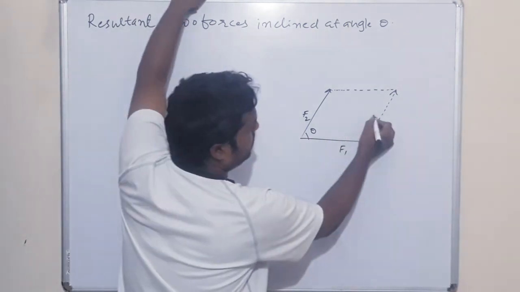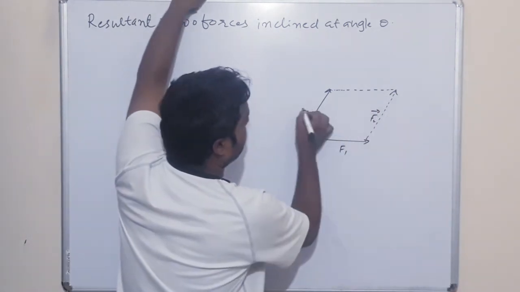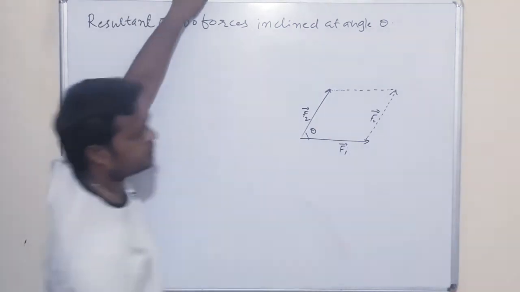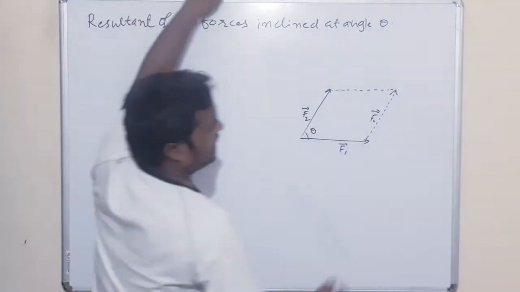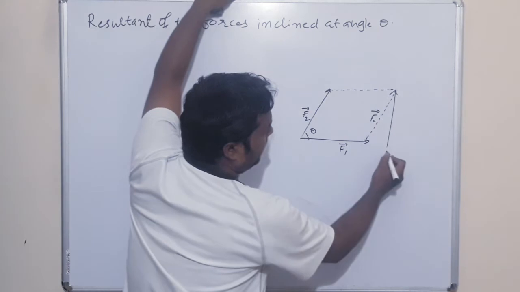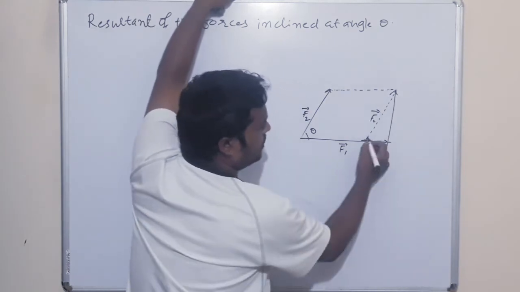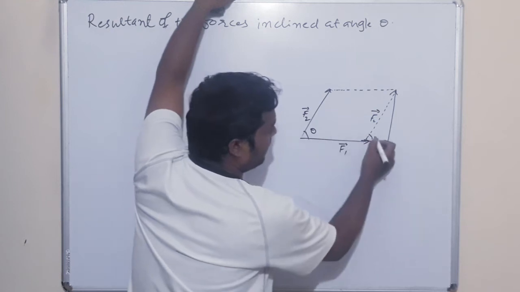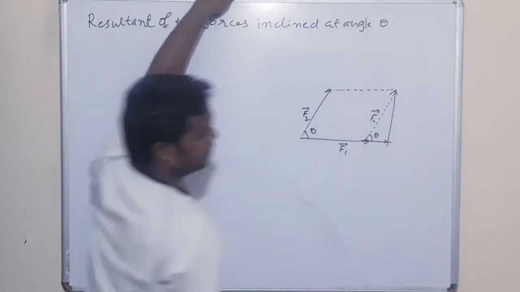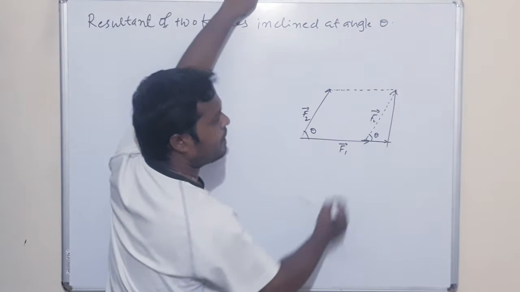And this is also F2, this is F1. If I draw a perpendicular from here, then this will be F2. This angle is theta, this angle is theta, because these are corresponding angles, the angle between F1 and F2.